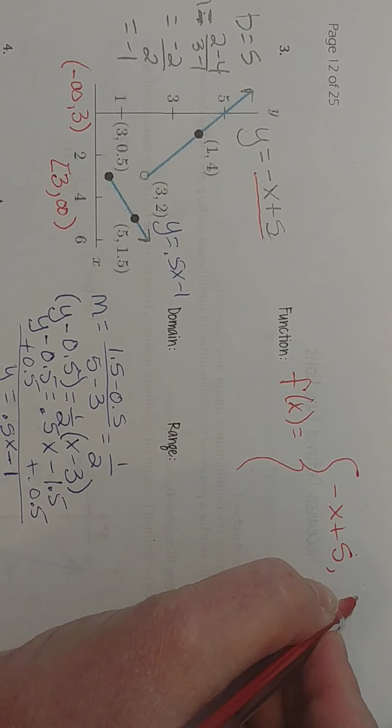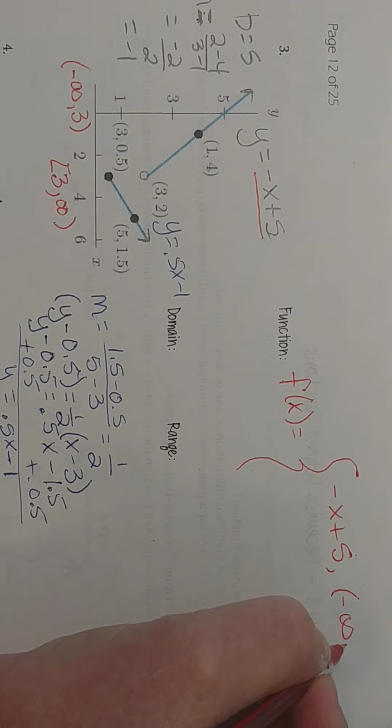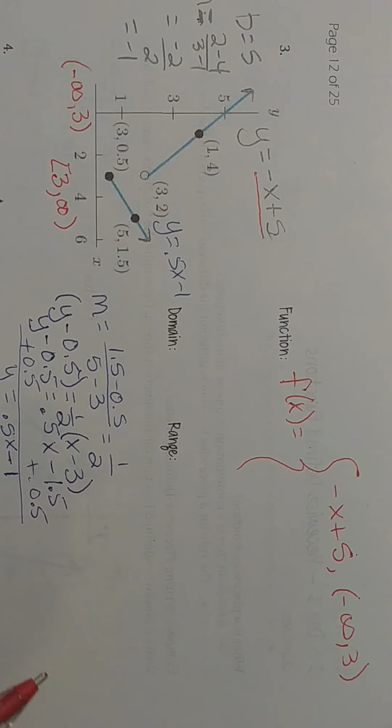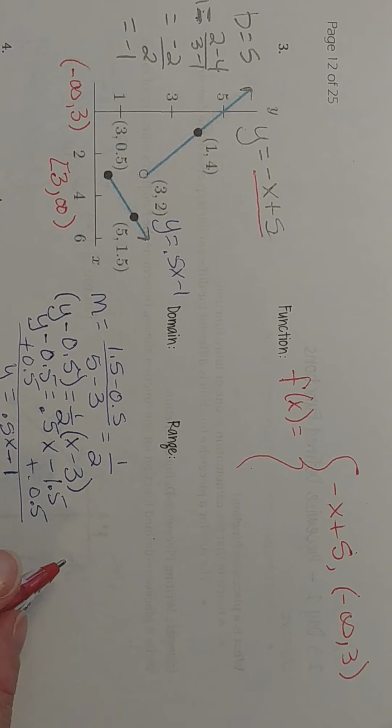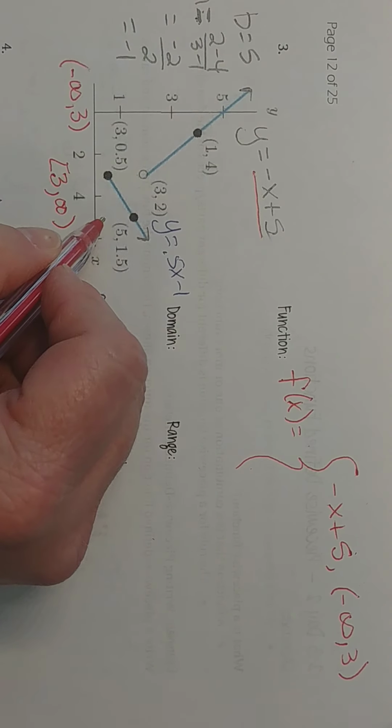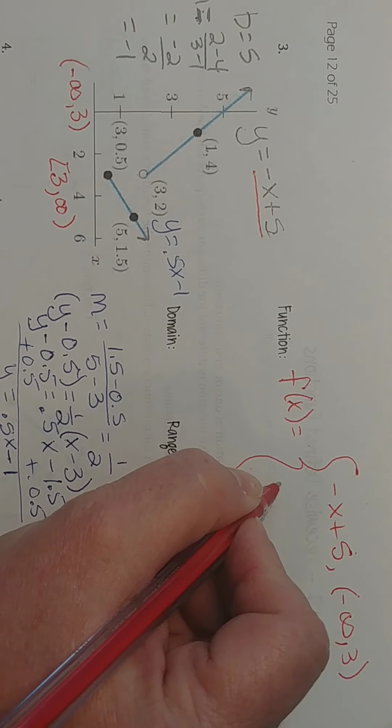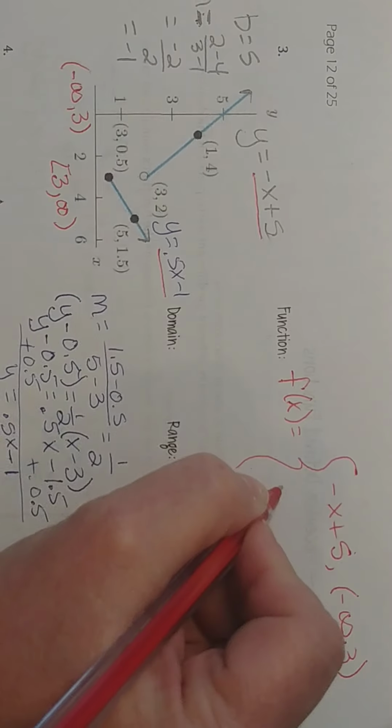And the interval is negative infinity to 3. And the second equation is y equals, we need this piece here, 0.5x minus 1. And that's going to go from the interval 3 to positive infinity, including 3.